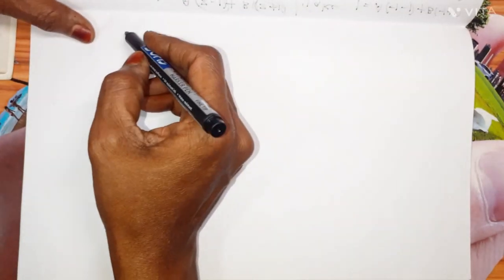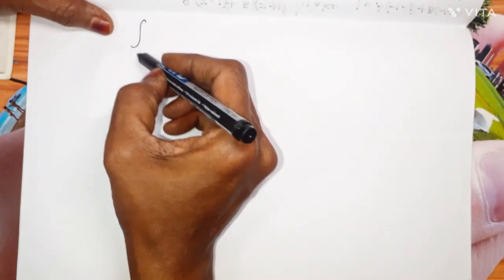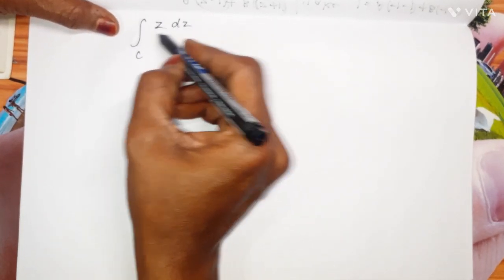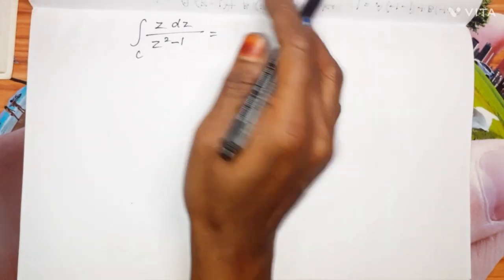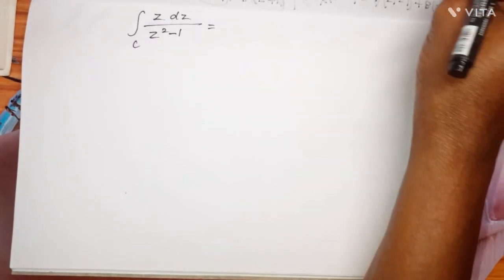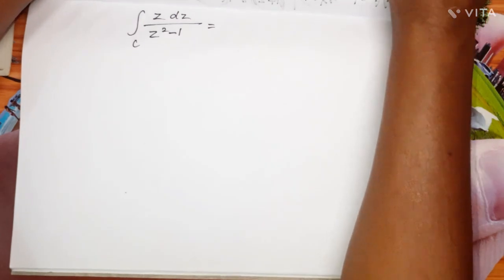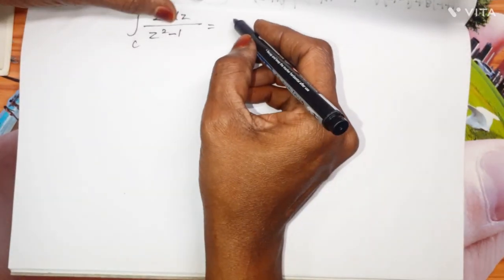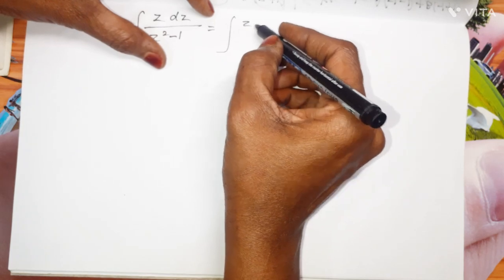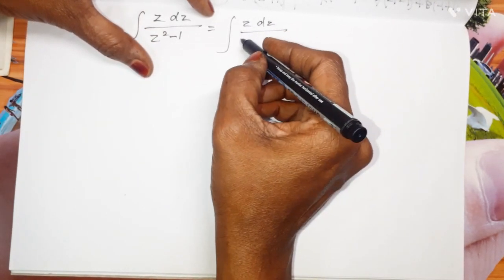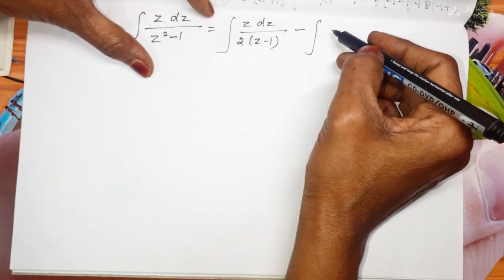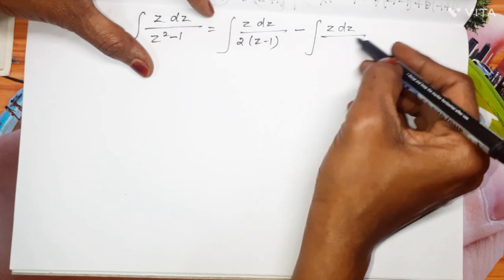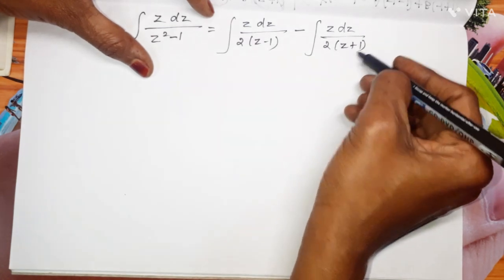The problem given is we have to find the integral over c of z dz by z squared minus 1, which we have split as integral z dz by 2 into z minus 1 minus integral z dz by 2 into z plus 1.